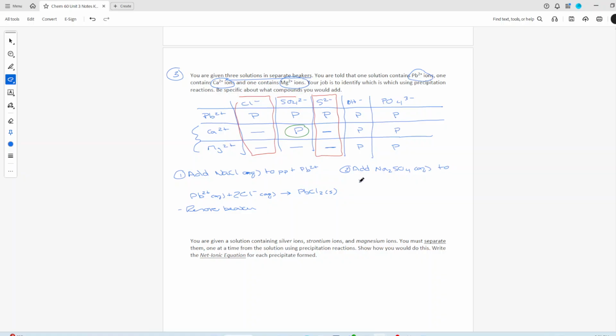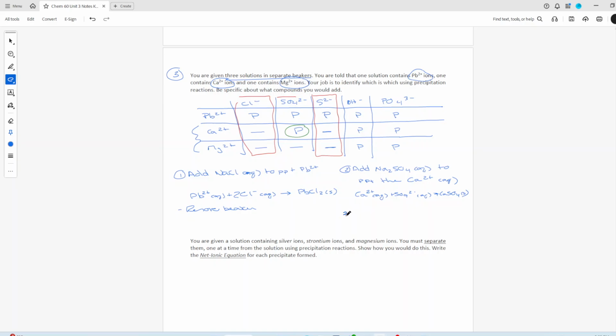to precipitate the calcium ions. So what's going to happen is the calcium and the sulfate is going to form calcium sulfate, solid.